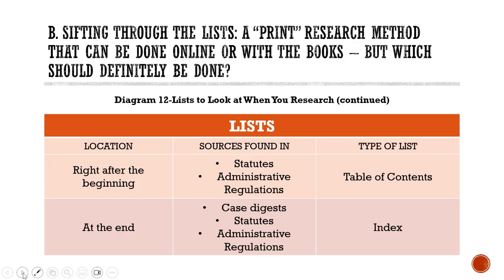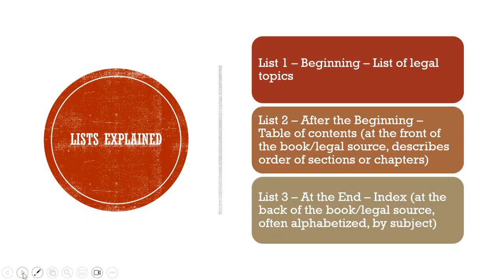Returning to my description earlier, statutes have title names, and that can be a useful benefit. At the end of the book, there can be digests for case digests. We'll get into that in a later segment. For statutes and administrative regulations, there could be an index, and that index is also a type of list. These are helping tools. Allow them to help you.